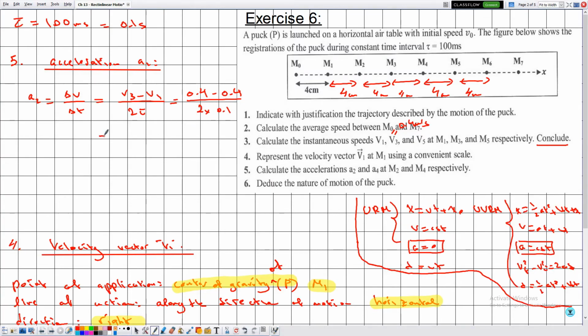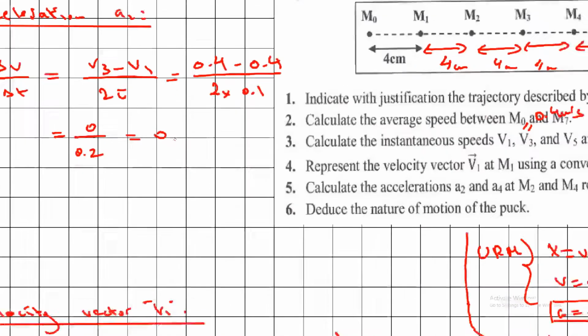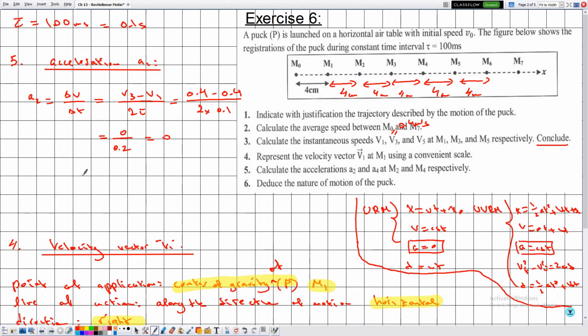Now this is equal to 0.4 minus 0.4 is 0 divided by 0.2, which is equal to 0 because 0 divided by any number is 0. And no need to put a unit for 0 because 0 multiplied by anything is 0. So A2 in this case is equal to 0. And this verifies the fact that indeed the type of motion is URM.